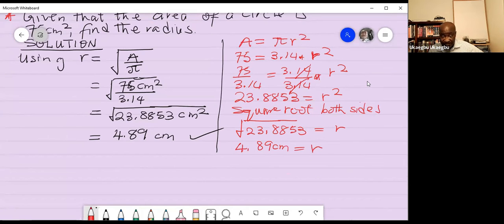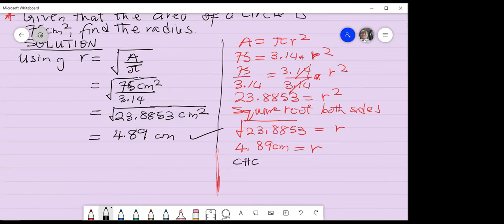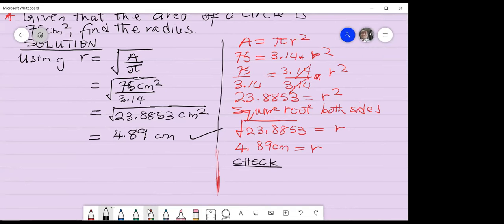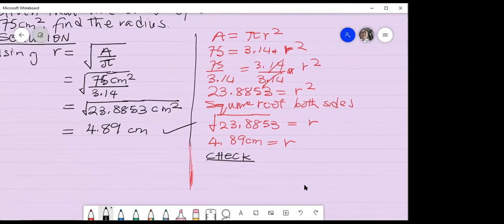If you want to check whether you got it right, what would you do to check? You retrace your steps. That's one way. There's another way you can do it. Plugging in the radius into the area formula. Thank you.